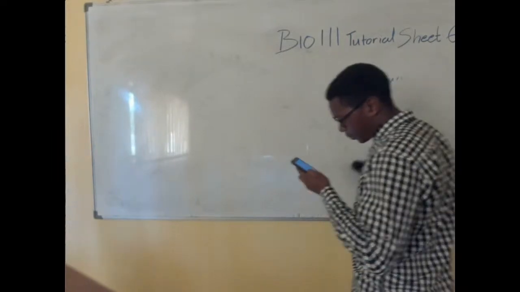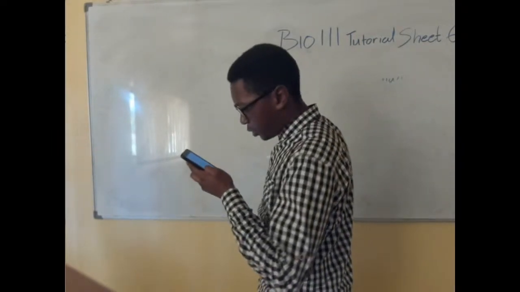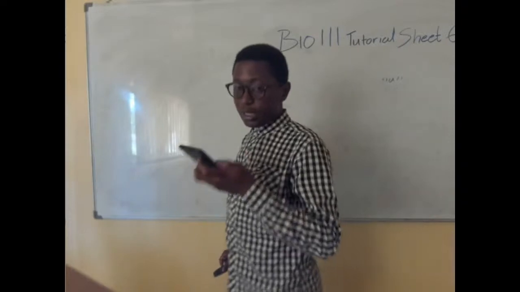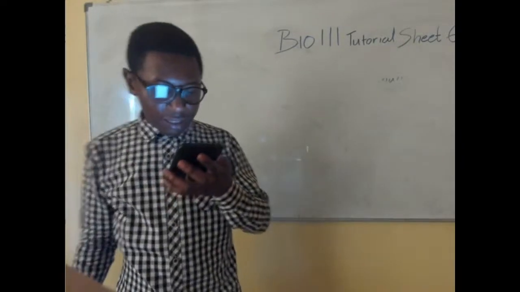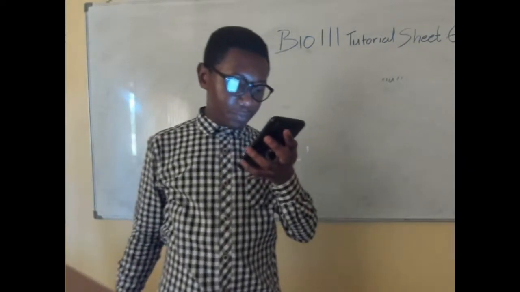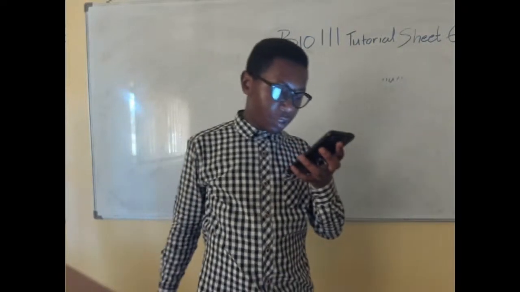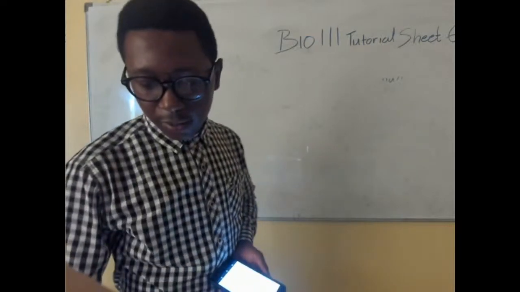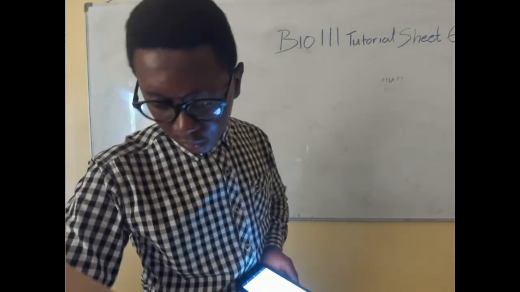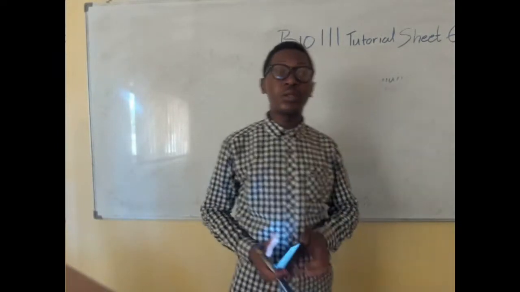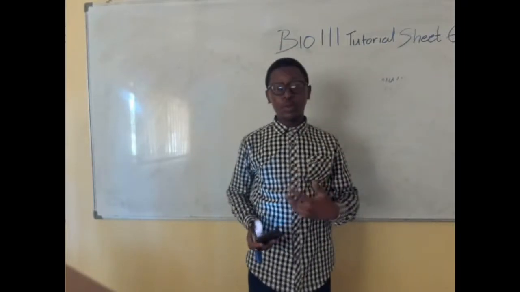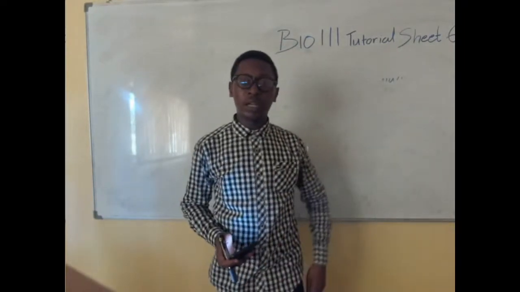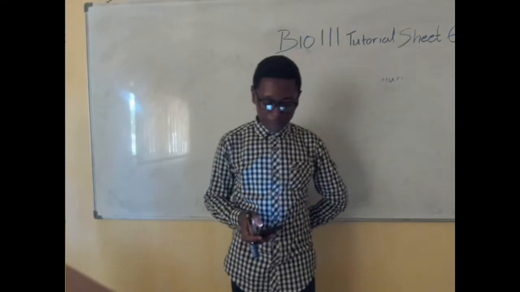Question 8 reads, illustrate how a DNA molecule is built up with the nucleotides and phosphates. In question 4, we looked at how nucleotides are formed, but this time we will look at how nucleotides are joined together.